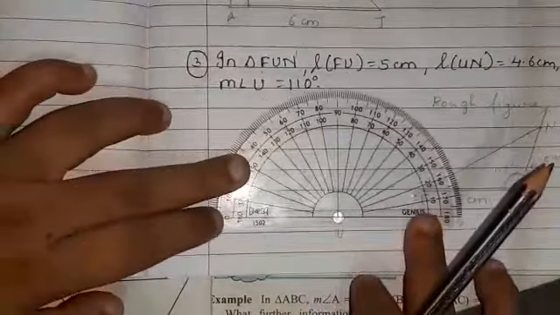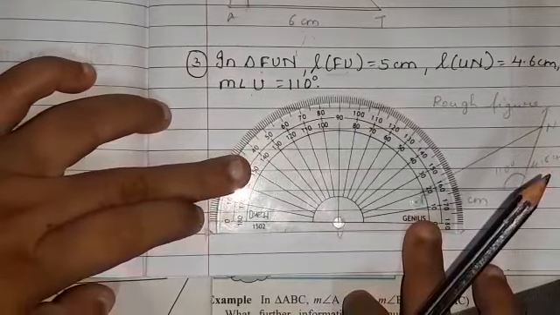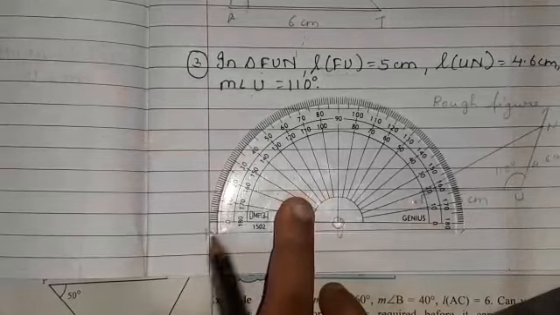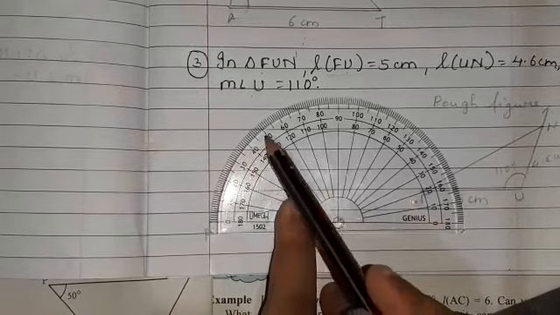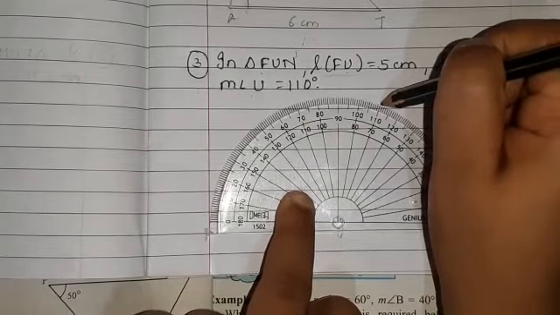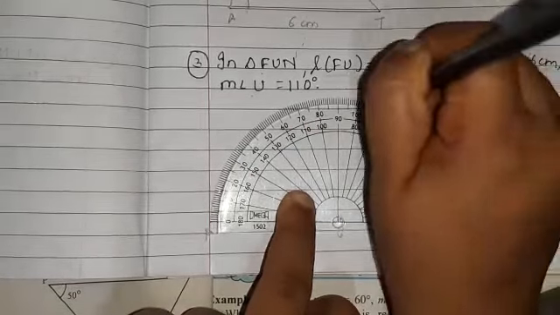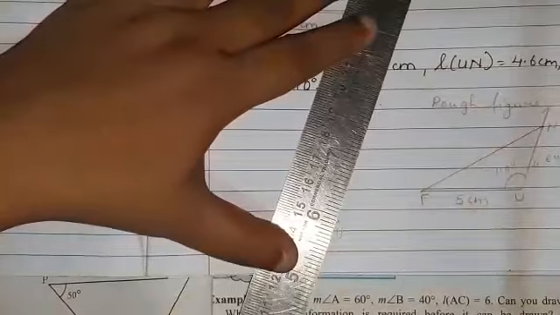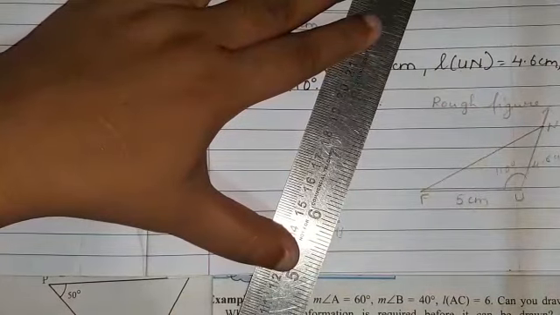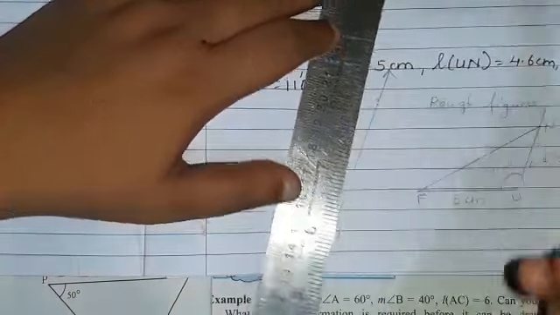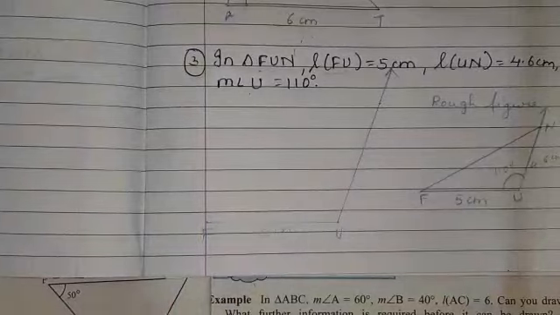Now this side is my line, so I will see outside 0 and search for 110. So 110 is here, I will mark it. After marking, I will remove my protractor and with the help of the scale, I will join these 2 points in this way. And I will take my scale aside.